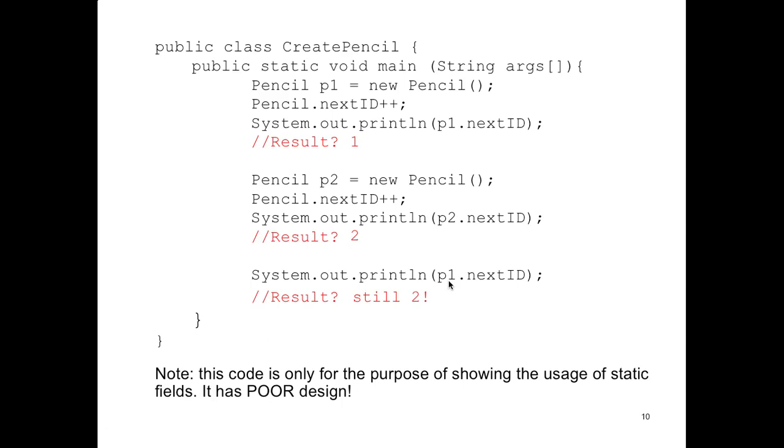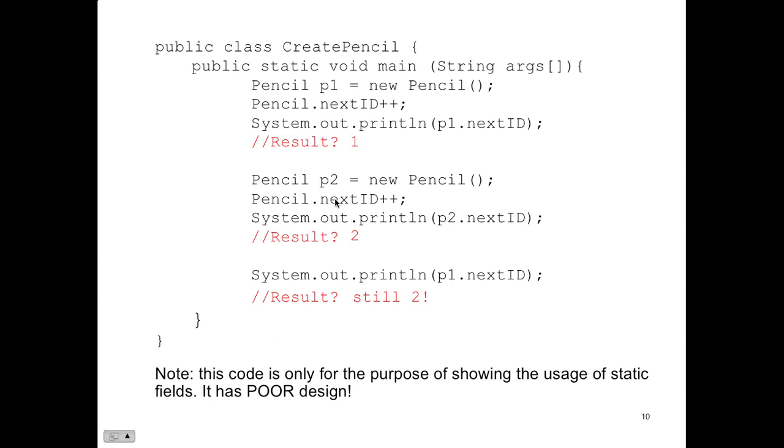So we can use it like this with the object name. Yeah, if it's a static variable, it's considered class level. It can only be changed by the class. You can print it out without it. If it's a non-static variable and you do this, you're going to get an error. It's going to say, which instance of Pencil do you want to update?